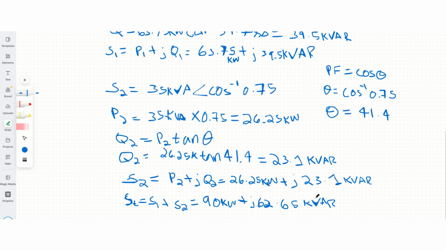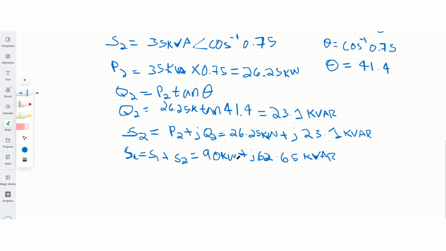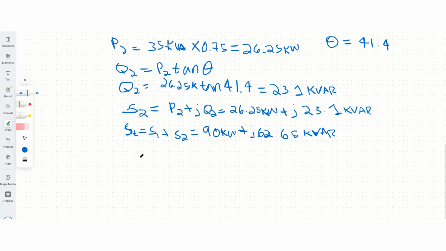In order to get that in polar form, we will have to take the magnitude.